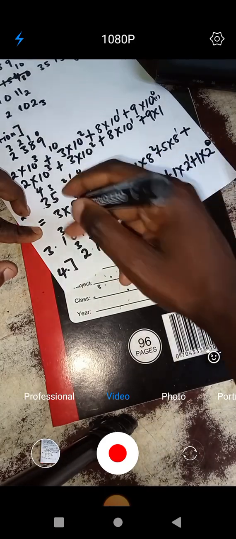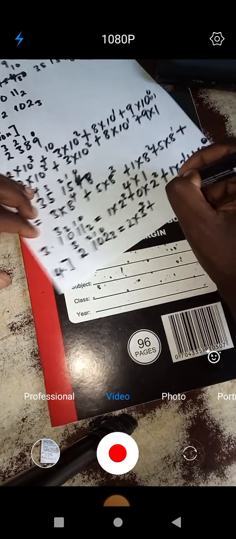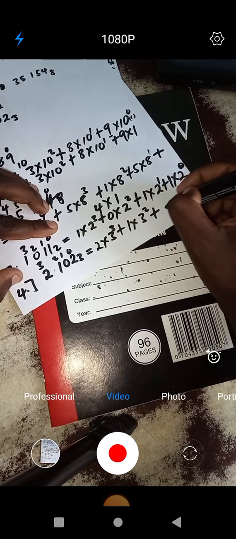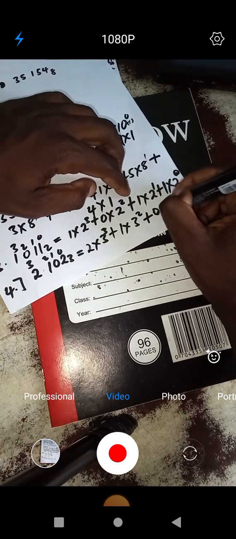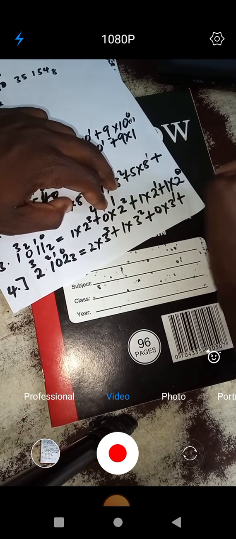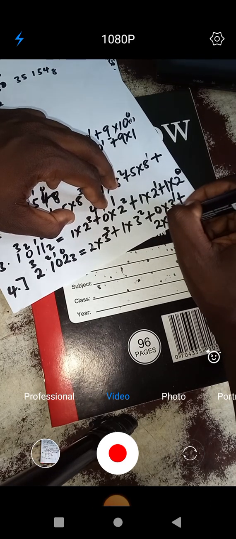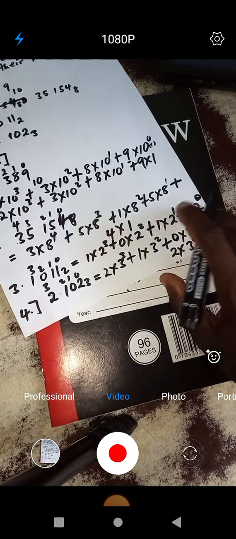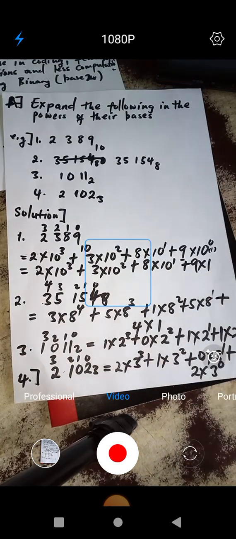We raise our base to the power, the index, which is 3 here, plus 1 times 3 to the power 2 plus 0 times 3 to the power 1 plus 2 times 3 to the power 0. You can write this as 2 times 1, because 3 to the power 0 will give us a 1, right? So this is our solution on the expansion.